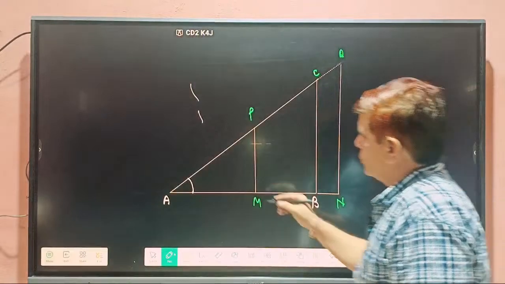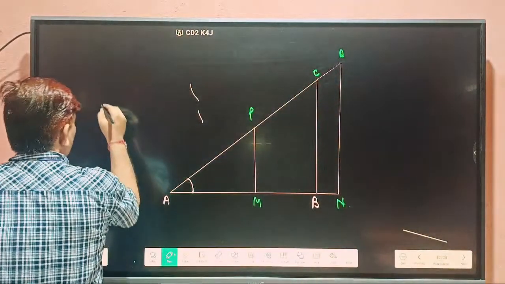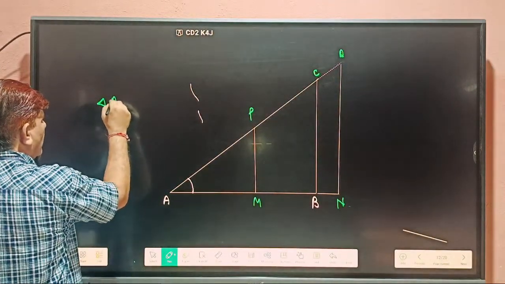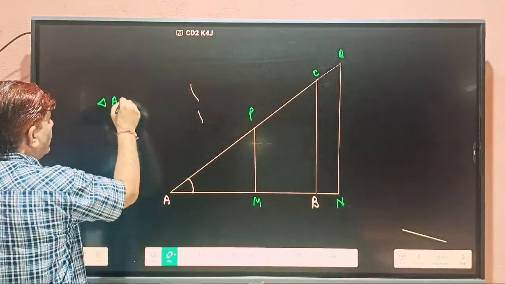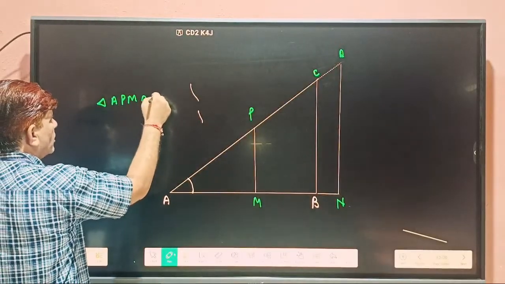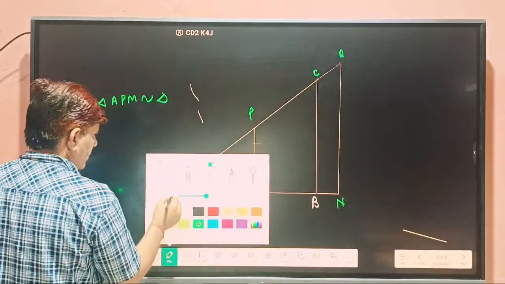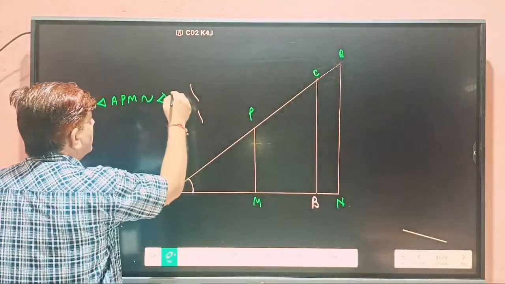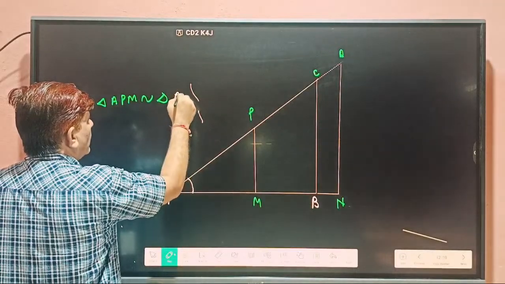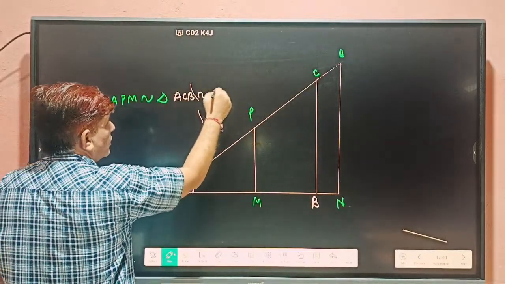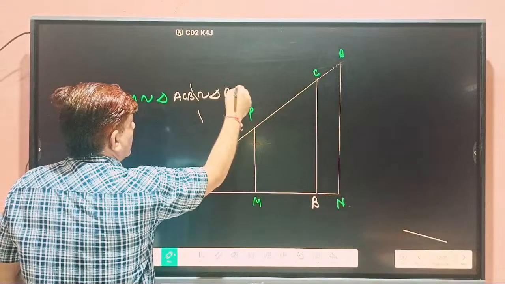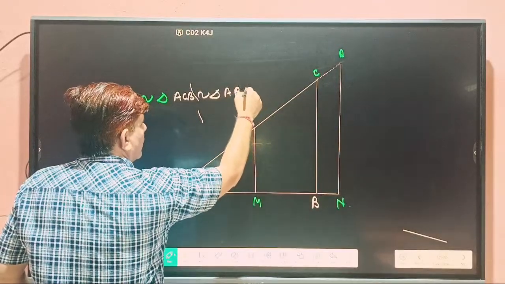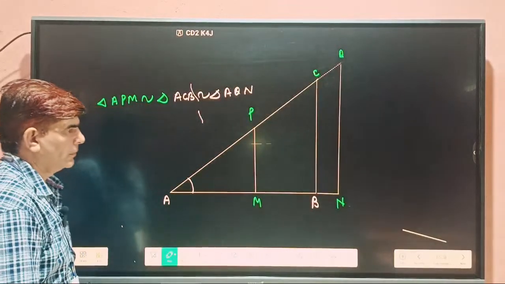Understood? So I'm saying triangle APM is similar to triangle ACB, and similar to triangle AQN.